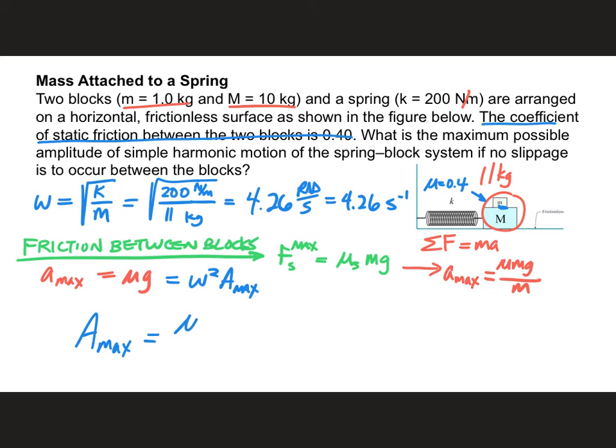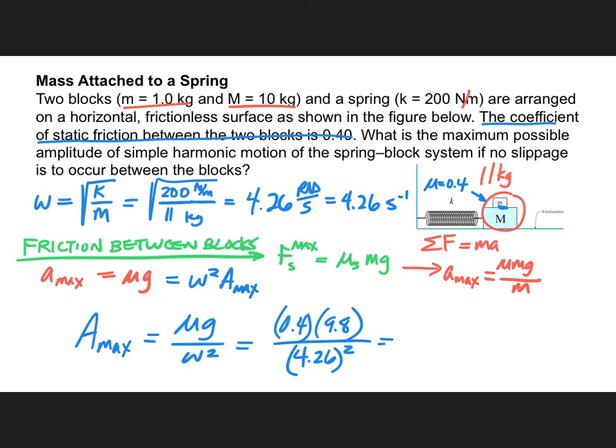And it's just going to be mu g over omega squared. And so we're told it was 0.4 for the coefficient of friction. We got 9.8 for gravity. We computed omega is 4.26.